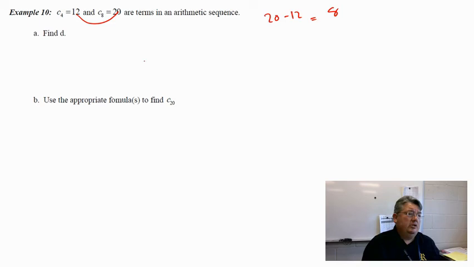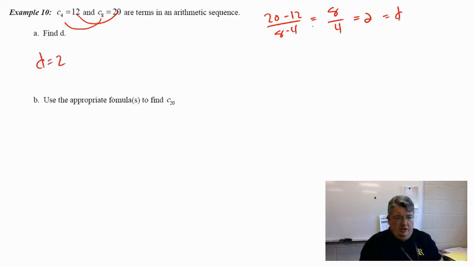They're 8 apart. And look at this, 8 minus 4. That's 4 steps. 8 over 4 is 2. So guess what? That's my common difference. My difference equals 2. Now, does this look familiar? It should. That's like the slope formula. Okay? The slope formula works to find this.